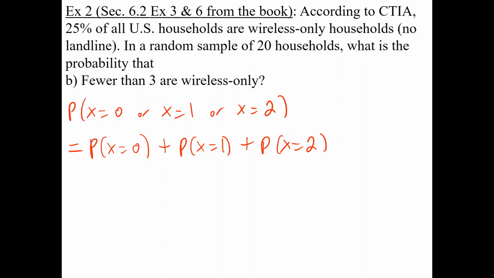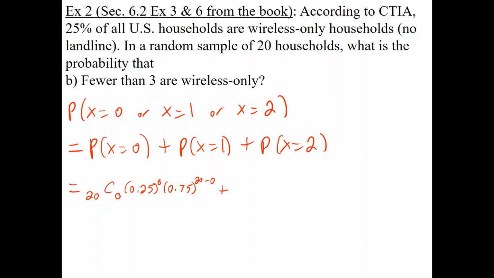Each of those now is a problem like the problem we did in part A, where you just plug into the formula. So I'm going to fill in all this stuff. The formula was nCx, n is 20, so 20C0, then p was 0.25, so it's 0.25 to the power x, which is 0, and then 0.75 to the power of n minus x, 20 minus 0.